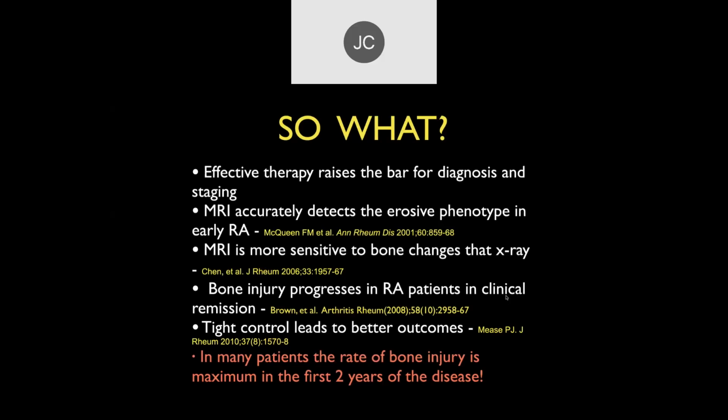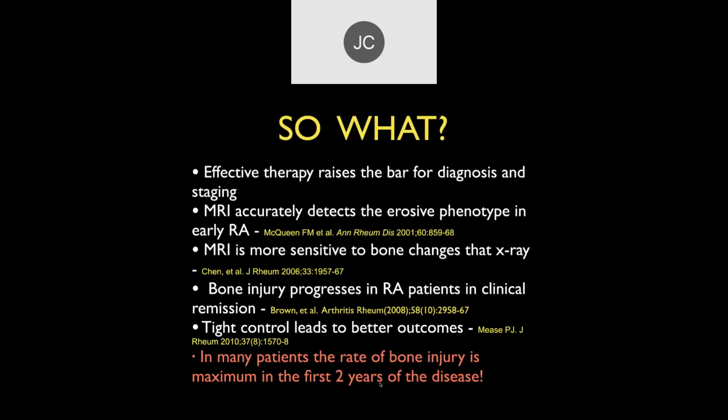Then all of a sudden they can come down with a fracture or destruction of bones that can abruptly limit their function if you don't follow the bone progression rapidly and make sure they're on effective treatment to stop the osteitis. Papers also show that tight control with newer drugs at that time would lead to better outcomes.